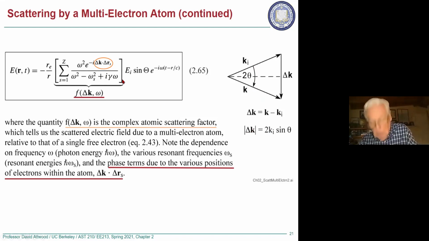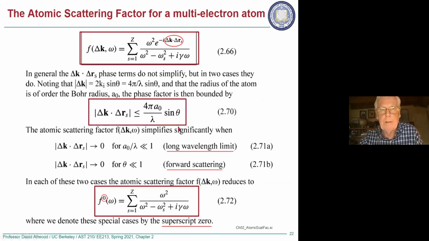So let's look at what happens to this atomic scattering factor. Here it is just rewritten, and we're interested in this factor here. When might this be something we can deal with? Okay, so we'd like to know a measure of this, delta K, delta R_s. Well, delta R_s is sort of the radius of the various electrons, so let's represent it by a Bohr radius.